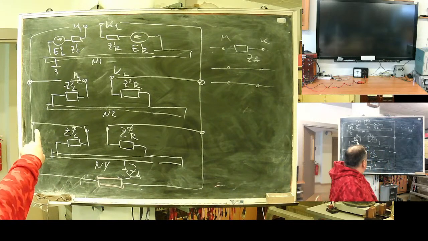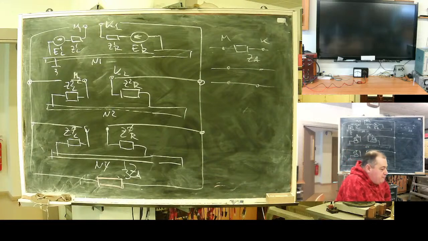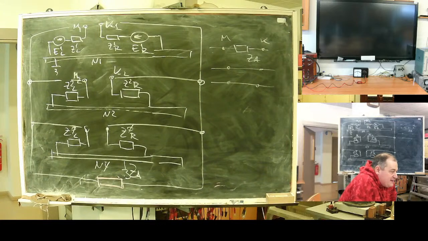Now I'm just writing equivalence, but equivalence of what? We need to analyze a non-symmetrical fault. We need to construct sequence networks. Our first target will be the zero sequence network, really. But we need to be able to construct them all.